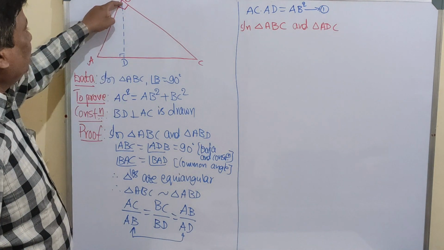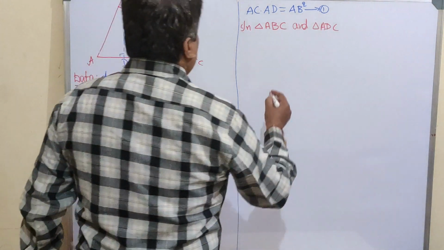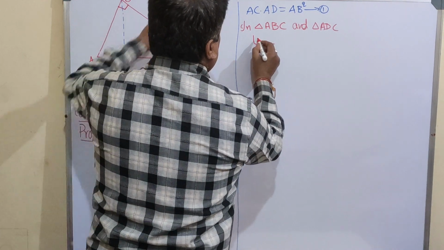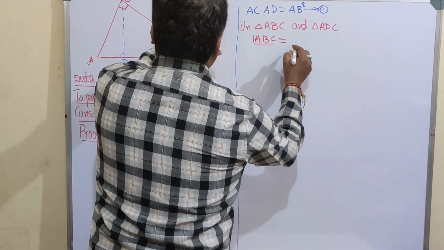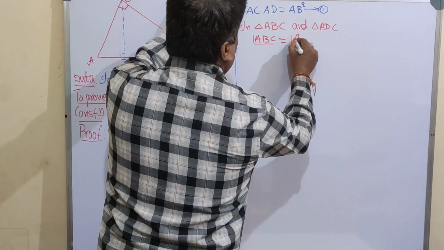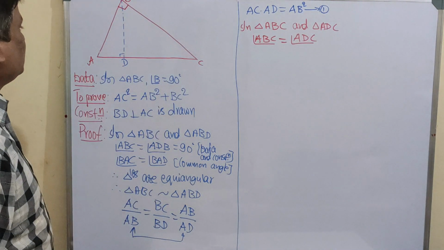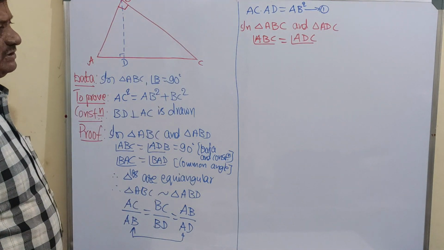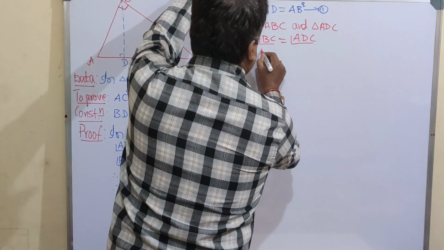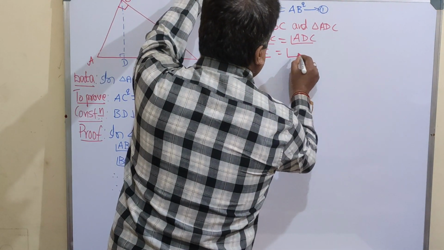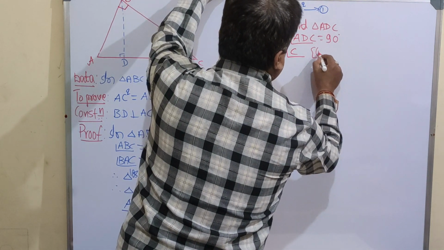As you know, angle ABC is equal to angle ADC, both 90 degrees. The second thing is angle C is equal to angle C, that is a common angle.